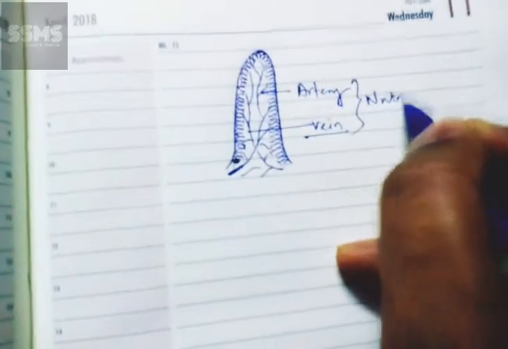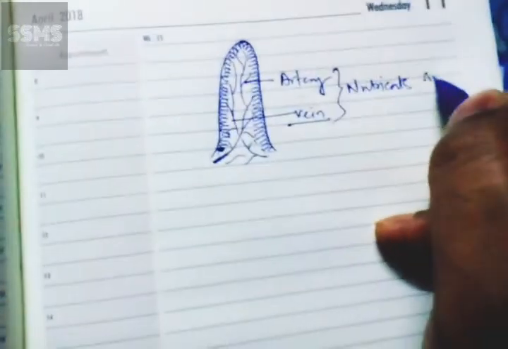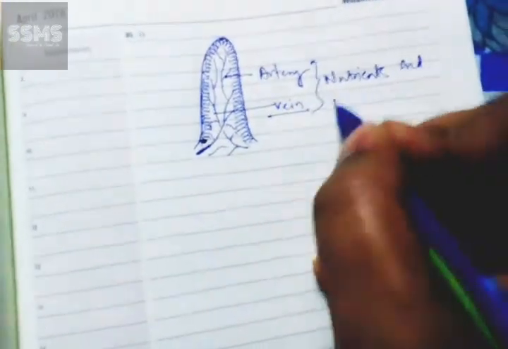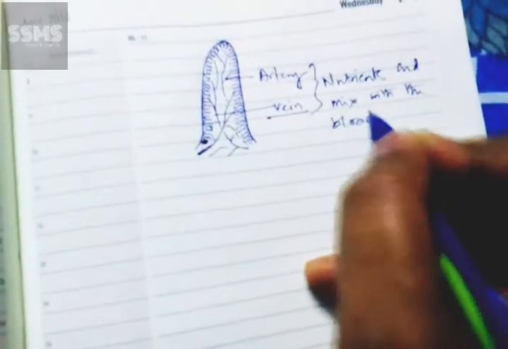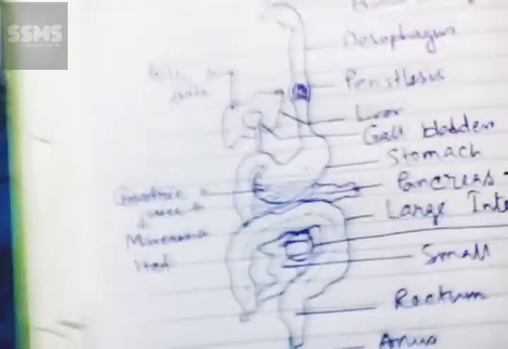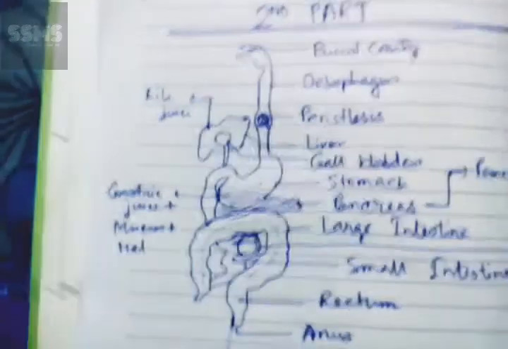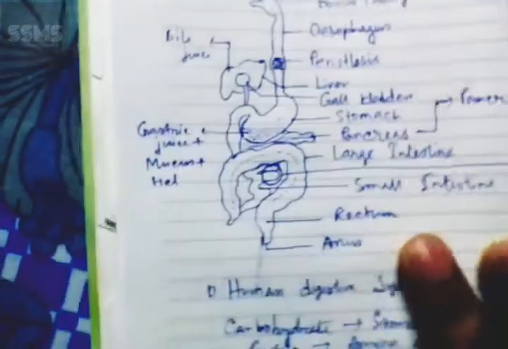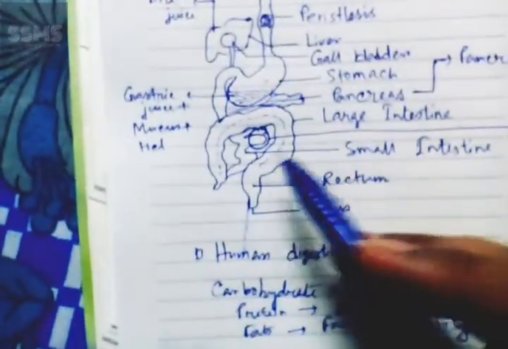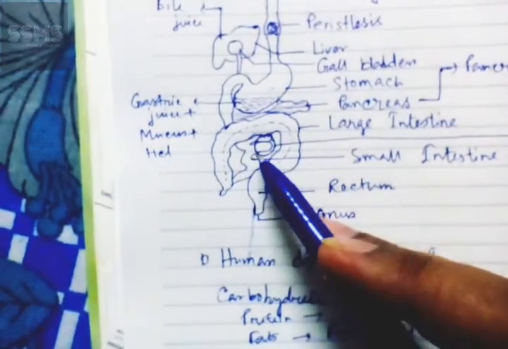So the artery and vein both contain the nutrients, and they absorb and mix with the blood. Okay, I just asked you that when the nutrients are converted here in the small intestine, after that where do they go?